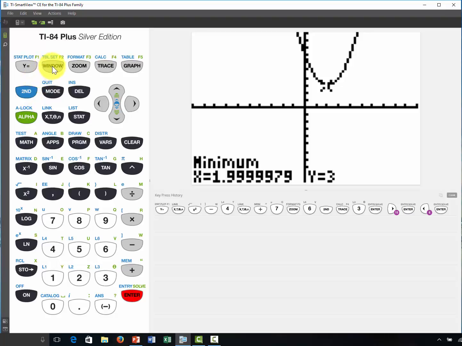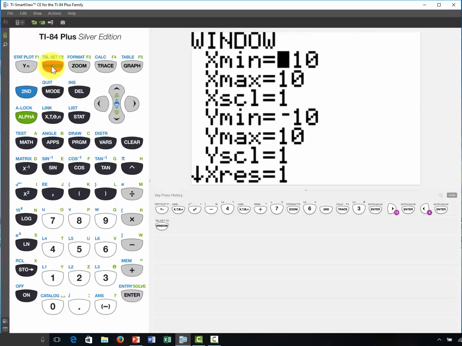If I go to Window, I know the value of the vertex is around 2, so I'm going to let my x-min be something like negative 1, and my x-max around 5. So 2 is about in the middle of this, and I can count by something smaller than 1, let's say 0.5.